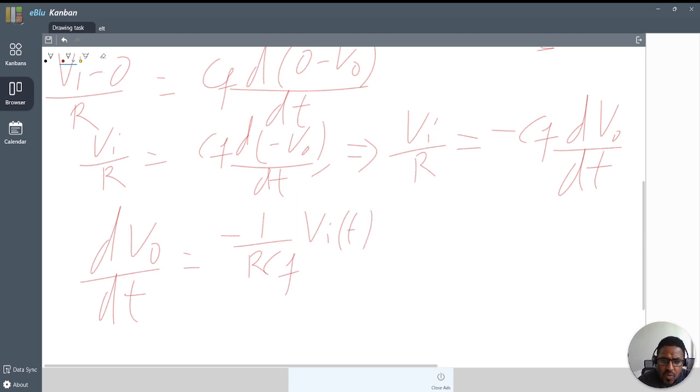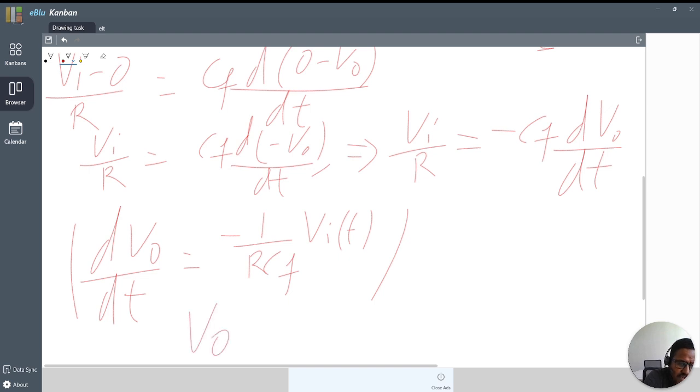When we take the integration on both sides, we can get V out.